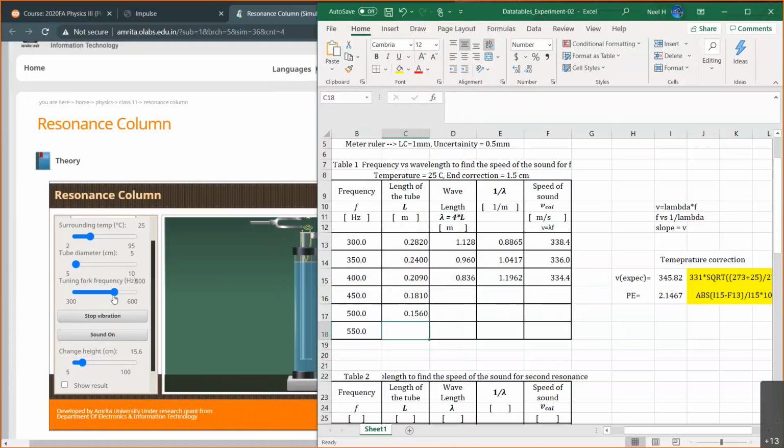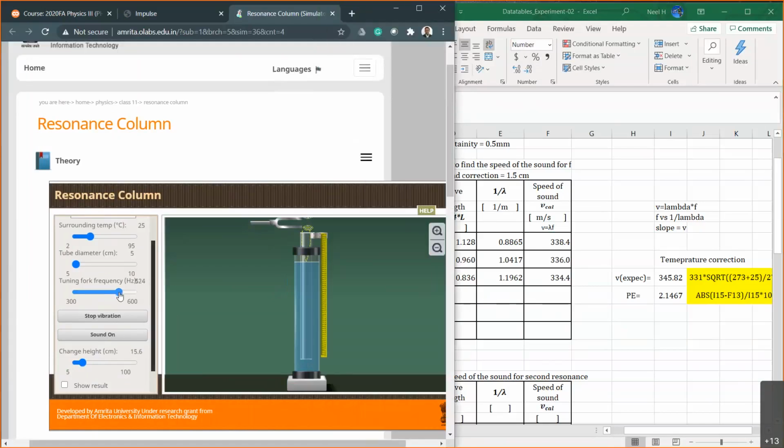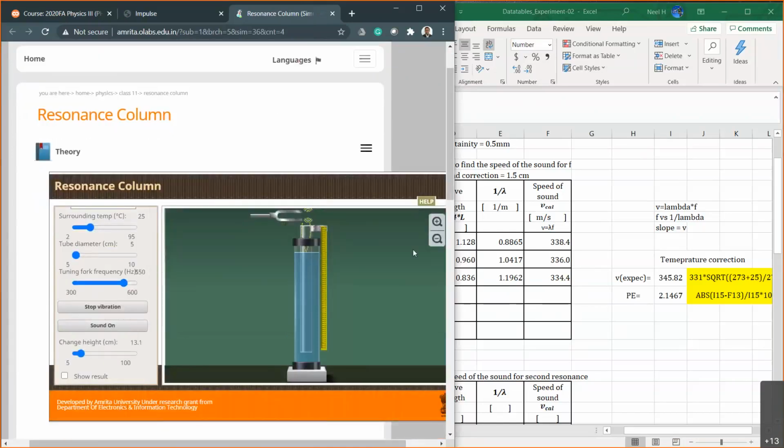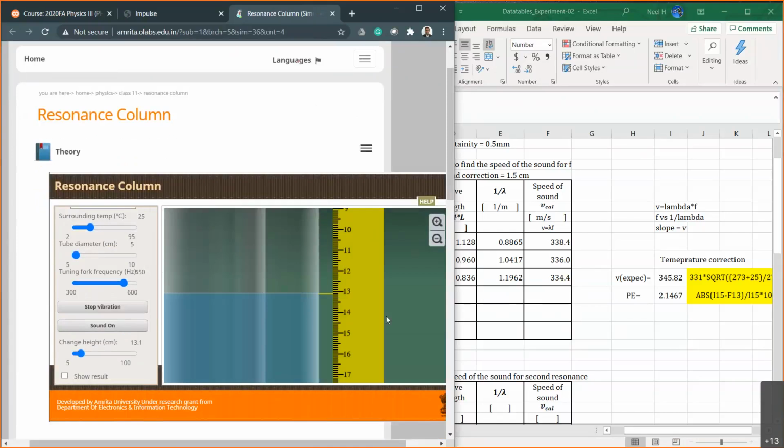And the last data point we need is 550. Go back and bring it up again. Oh, sound is off. Okay, so that number is about 13.1.